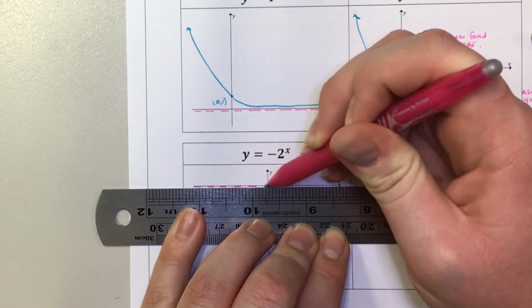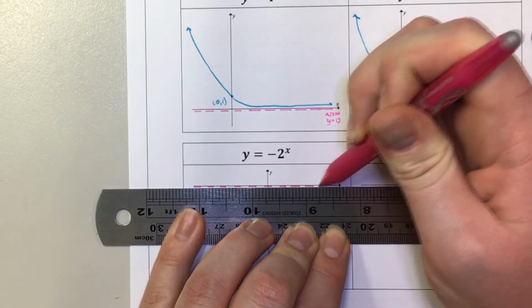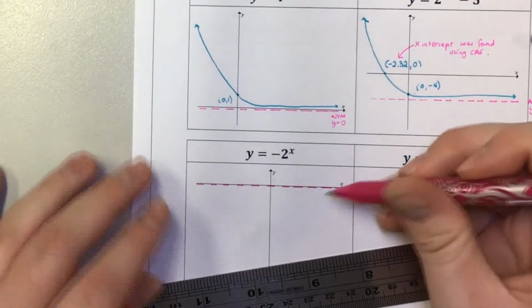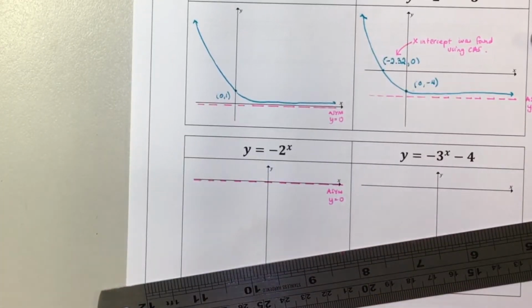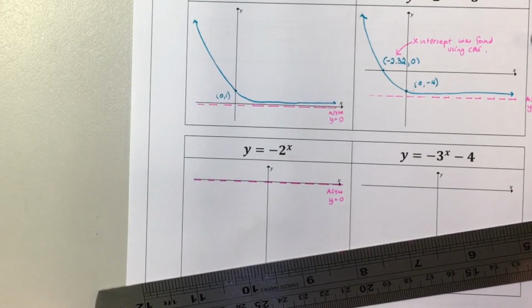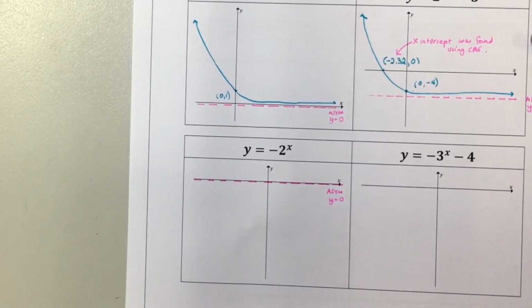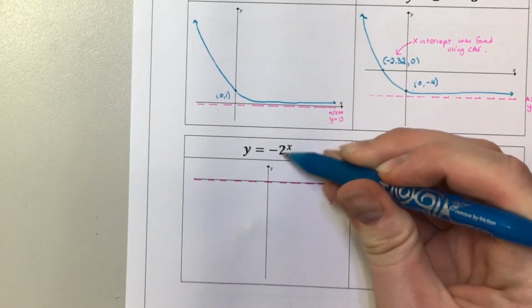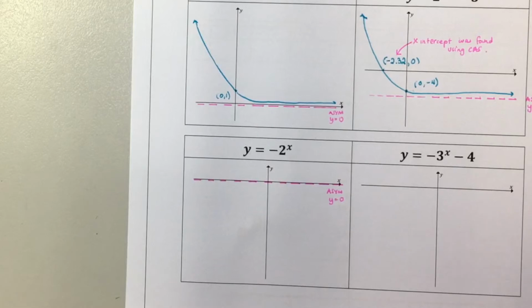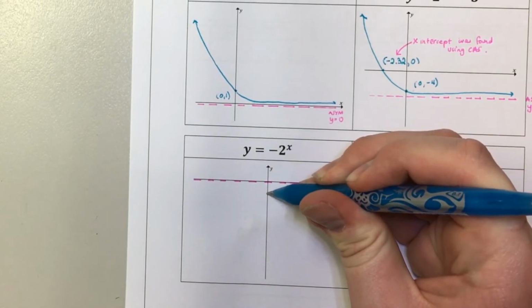Have faith in yourself and have faith in Miss Smith. Miss Smith, could you then tell us where the y-intercept of this one is? Negative 1, because 2 to the power of 0 is 1, negative 1.